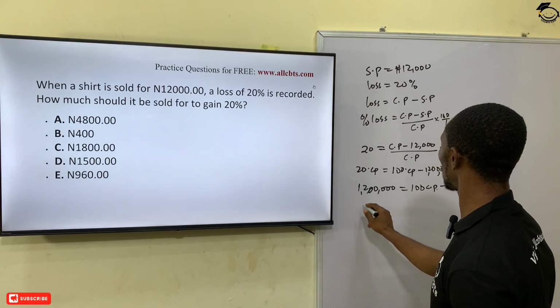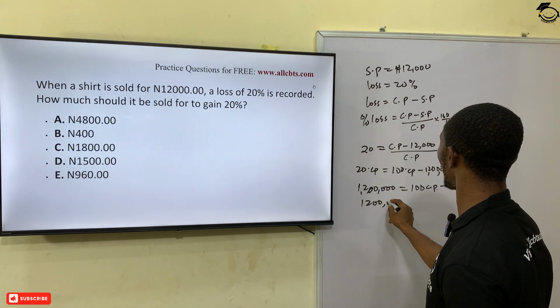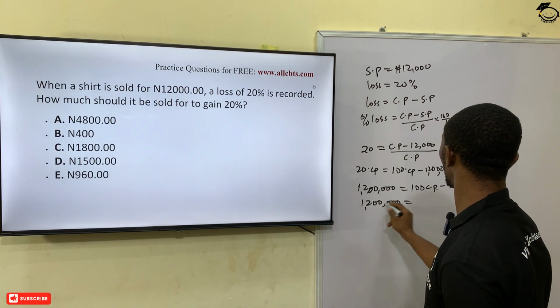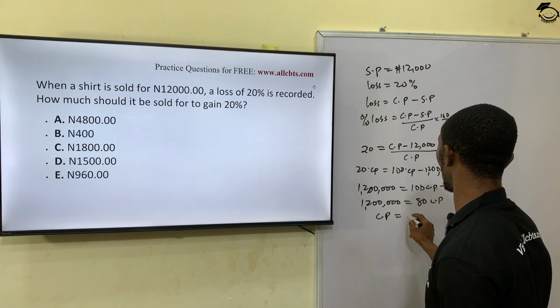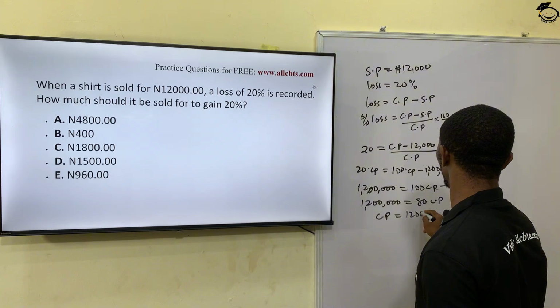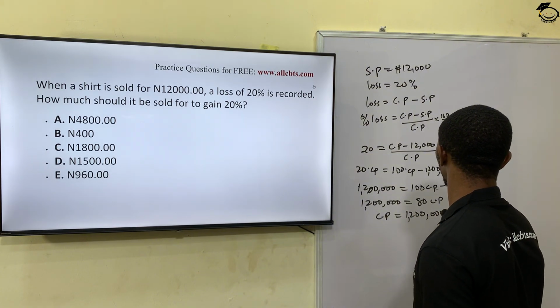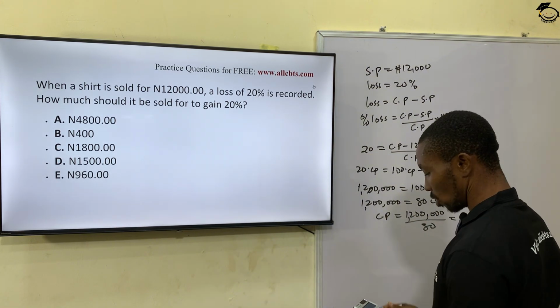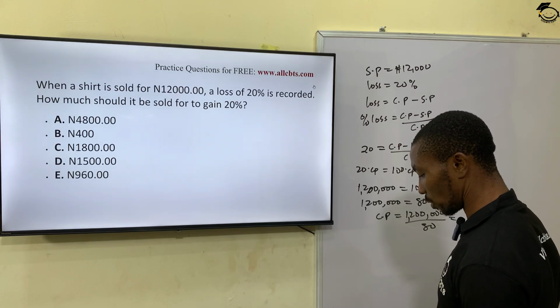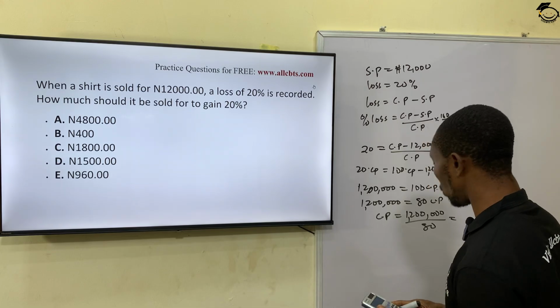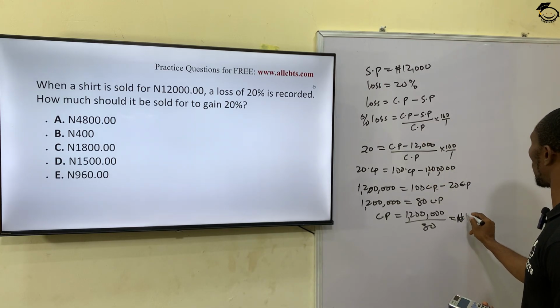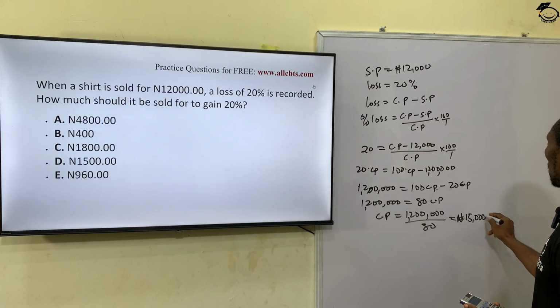So 1,200,000 equals 80 cost price. So our cost price will become 1,200,000 divided by 80, which gives us a cost price of 15,000.